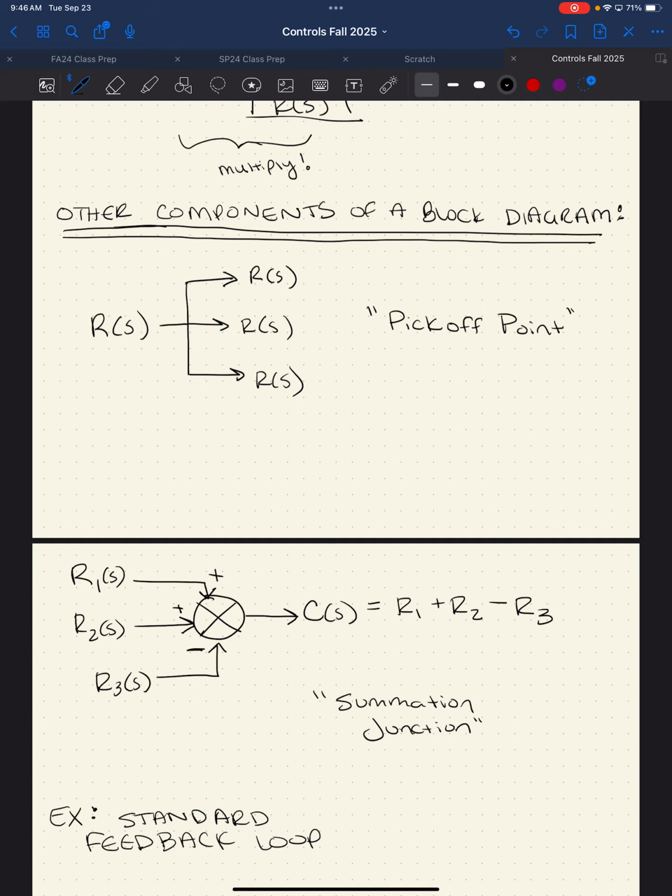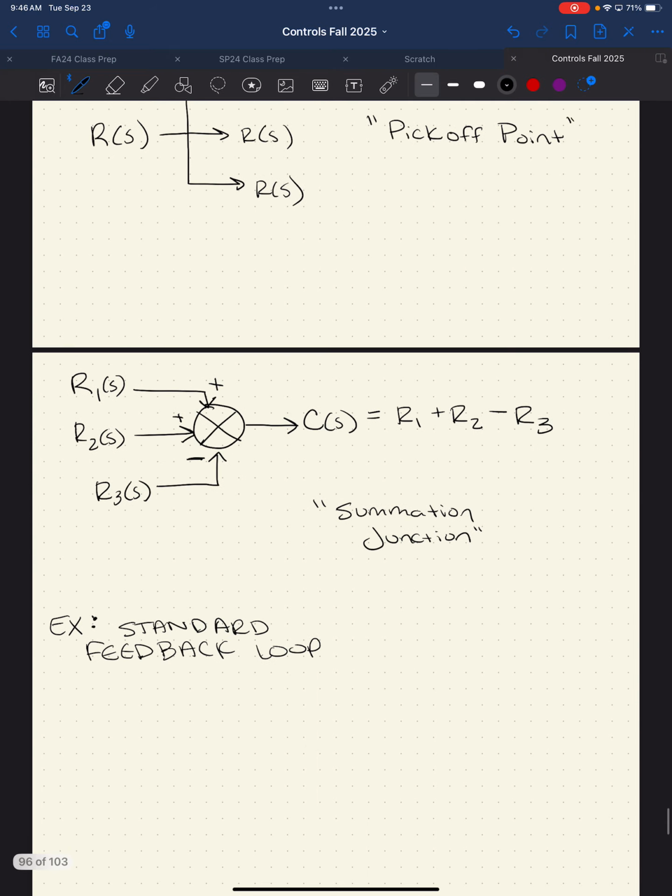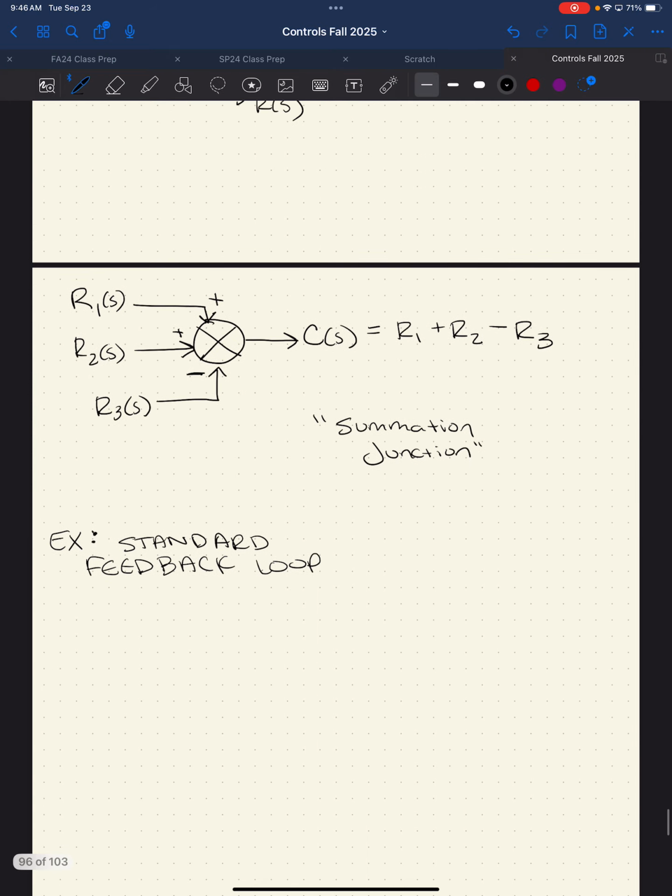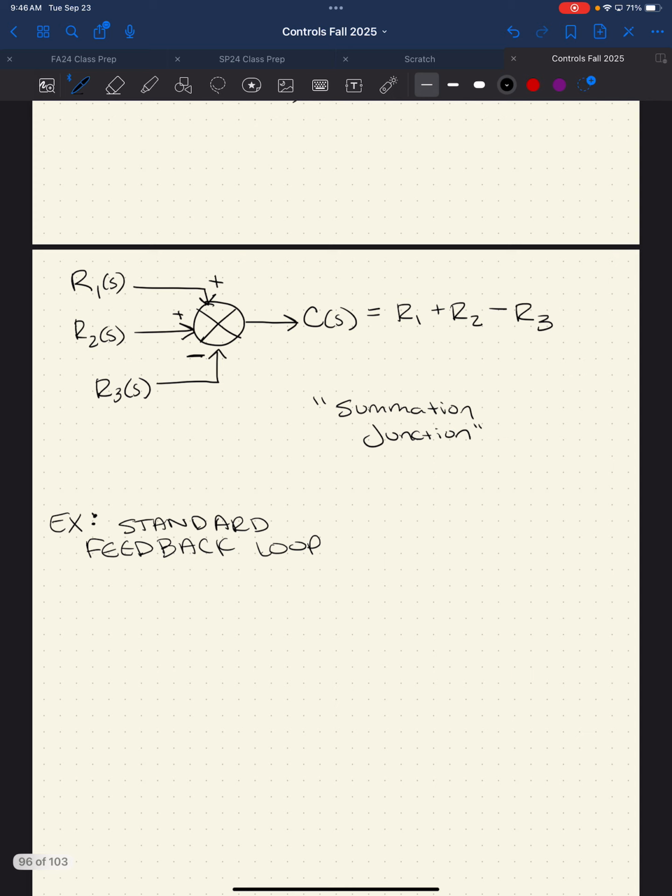Okay, now let's relate this to our simple standard feedback form. You've seen both of these things within the feedback loop. So our standard feedback loop without input and output transducers, we'll leave those out for now. We've already seen a summation junction. This is a summation junction. It comes into a system that we call our control.